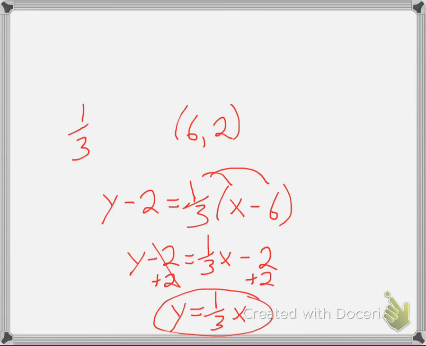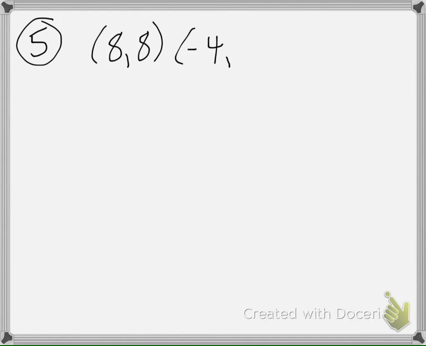So let's look at one last one together. We'll look at number 5, and then I'll let you do number 6 on your own, just to make sure you understand. So number 5 on the exercises, we have the points (8, 8) and (-4, 5). So first I need to find my slope.